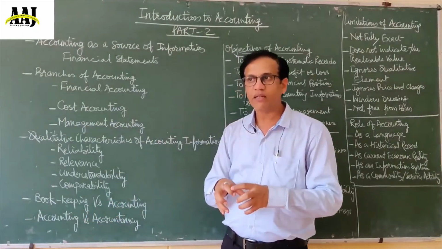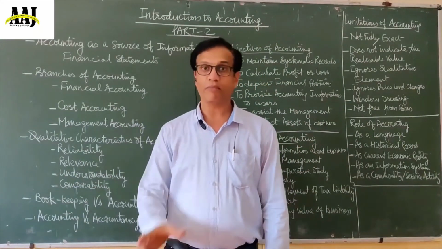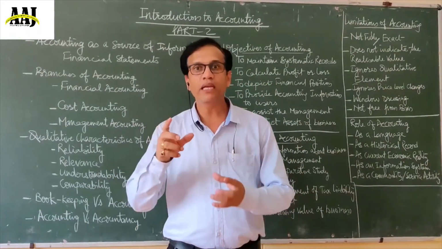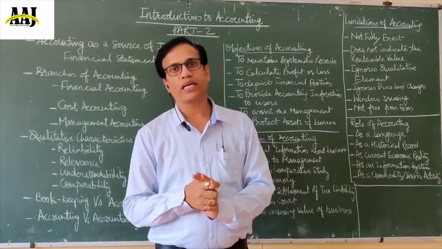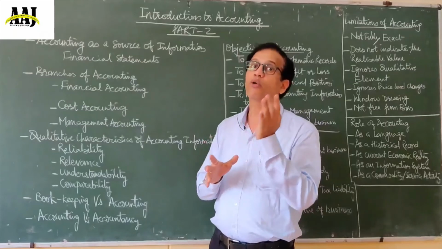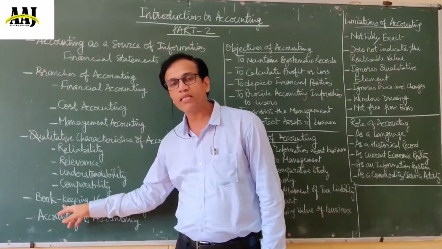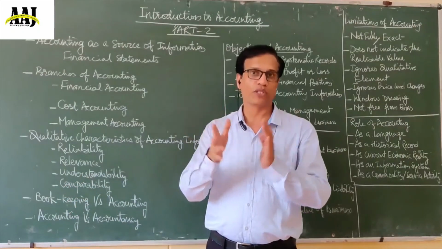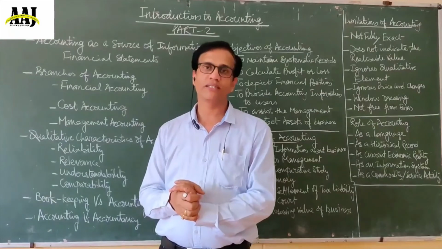So whatever is done in the initial stage of accounting is known as bookkeeping. That means it refers to keeping a set of books to maintain the record of transactions in the books of accounts. So bookkeeping means keeping a set of books in which all transactions are recorded date-wise.